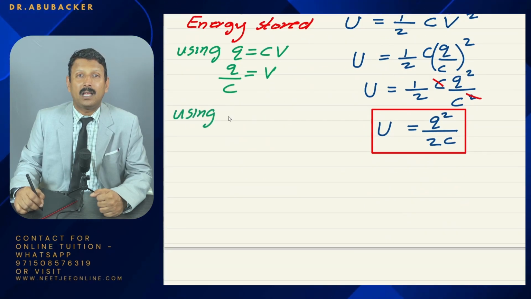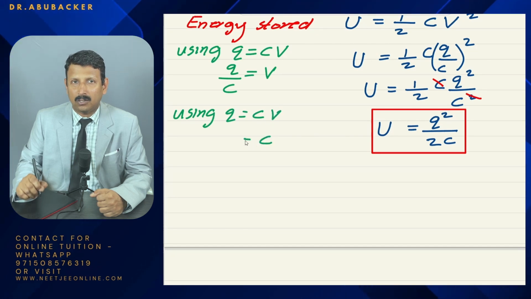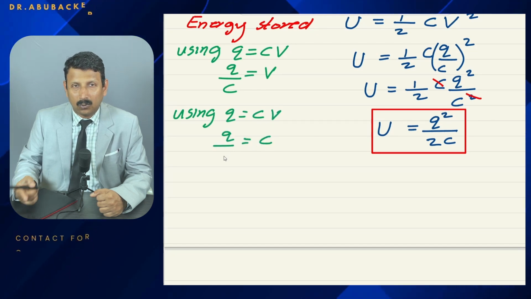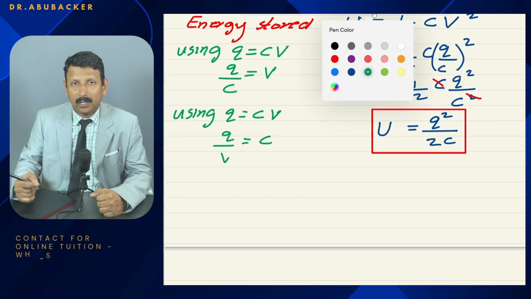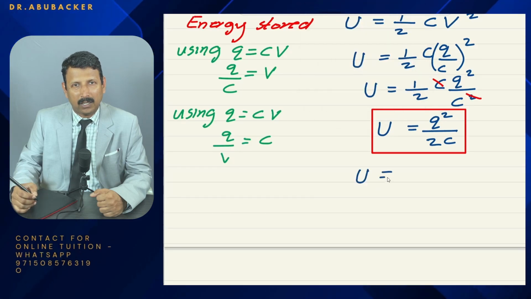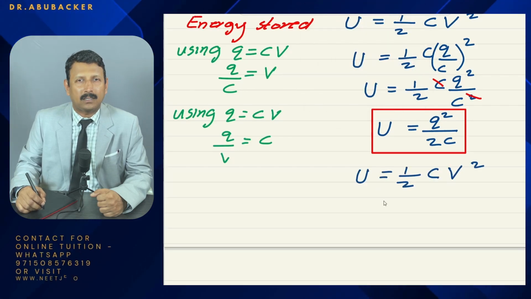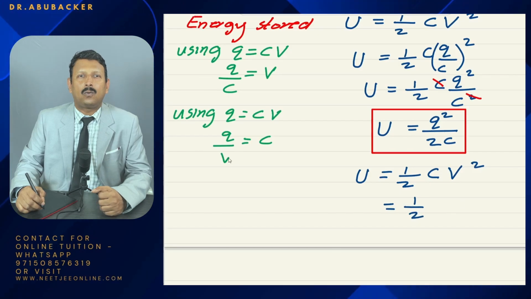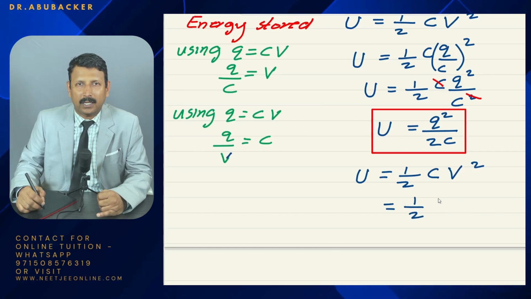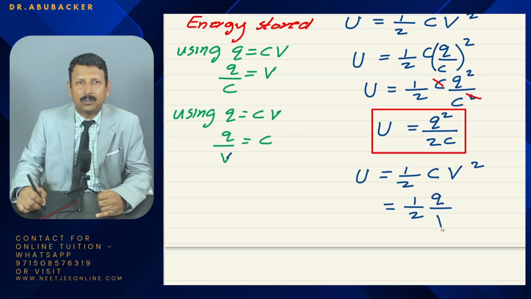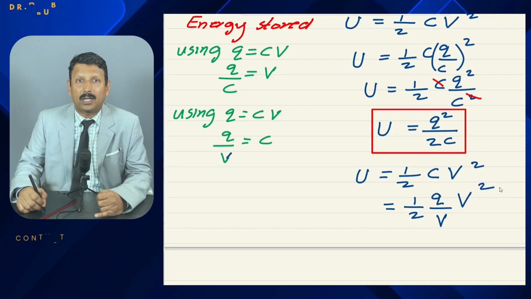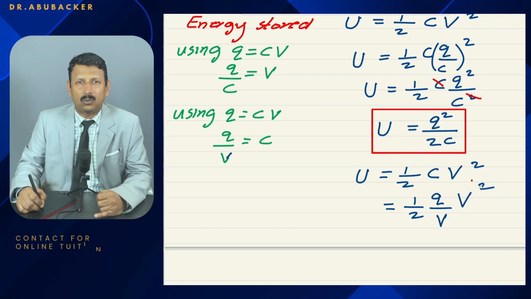First one is U is equal to half CV square. Remember, that is our standard equation to remember. For the other equations, whenever you require, just write Q is equal to CV and substitute, and the answer will form. Then after substituting V is equal to Q by C, we got U is equal to Q square by 2C.